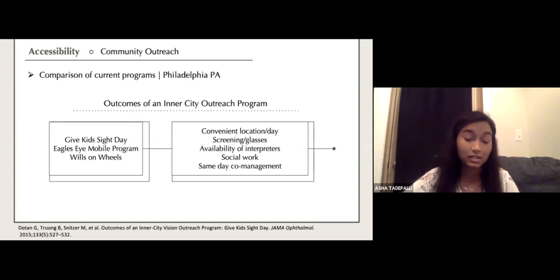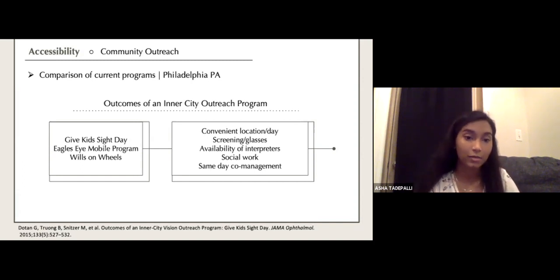So this significantly increased the proportion of children who returned to the clinic compared to the previous years. And from their study, in the 3 years that Give Kids Sight Day had been going on, before the inclusion of a social worker, only about 5% returned for their follow-ups, versus after the addition, the follow-up return rate was about 60% of cases.